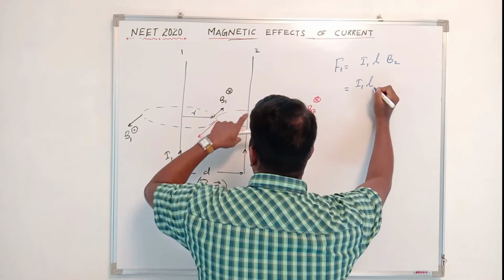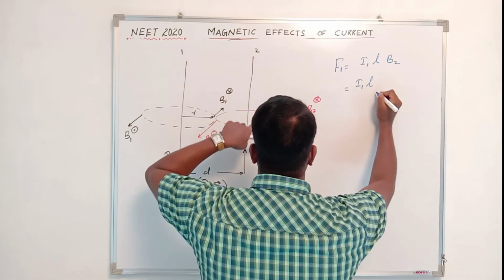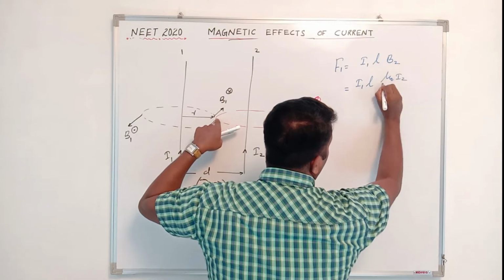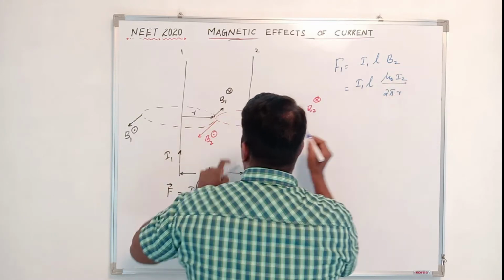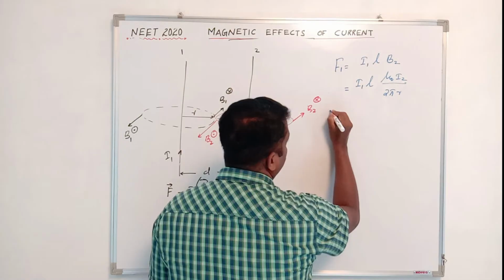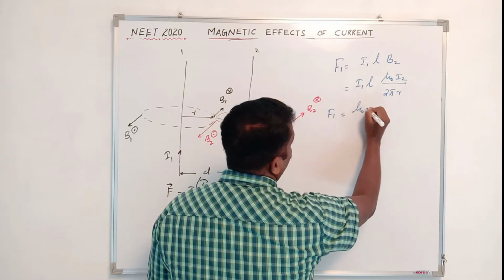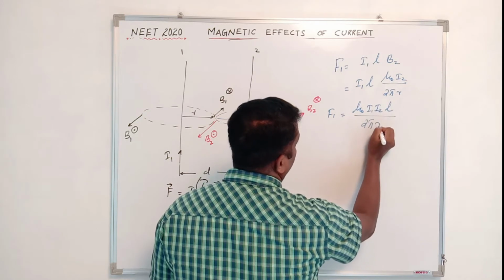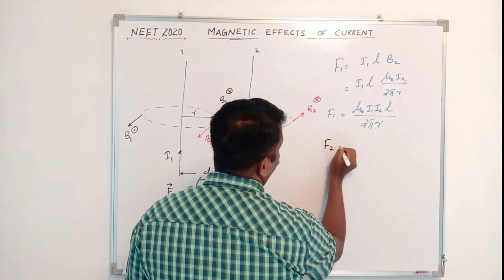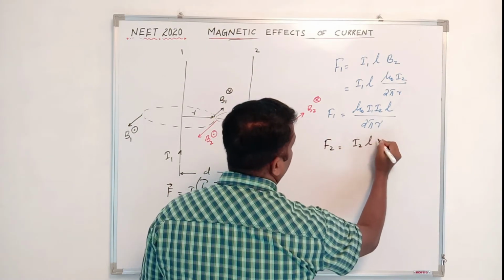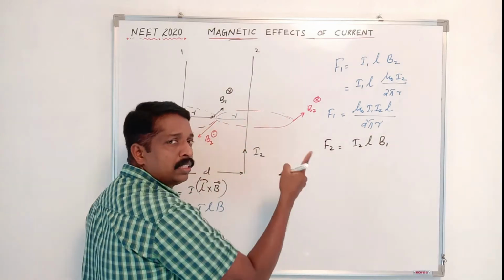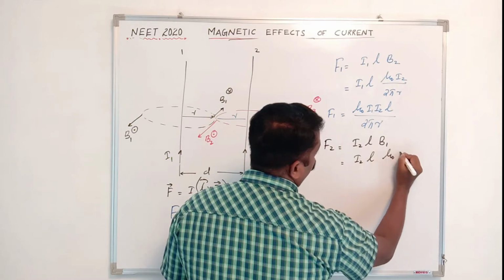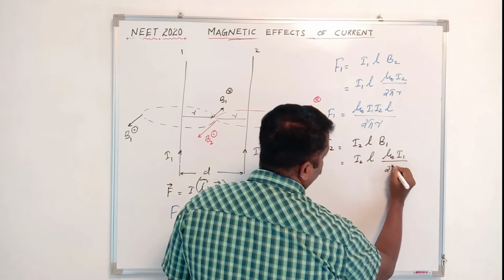I1 L B2. What is B2? The magnetic field due to an infinitely long straight wire is mu 0 I2 by 2 pi r, if this distance is r. Then F1 is equal to mu 0 I1 I2 L by 2 pi r. Similarly F2 is equal to I2 L B1, where B1 is the external magnetic field, which can be written as mu 0 I1 by 2 pi r.